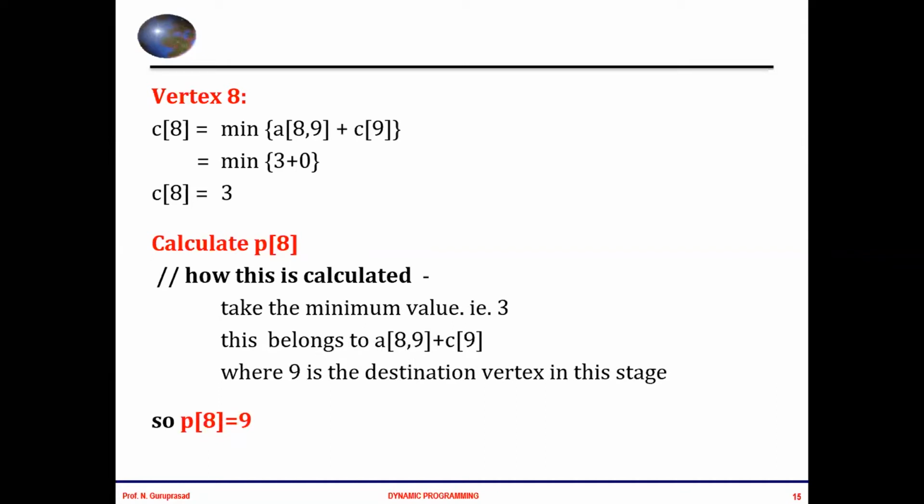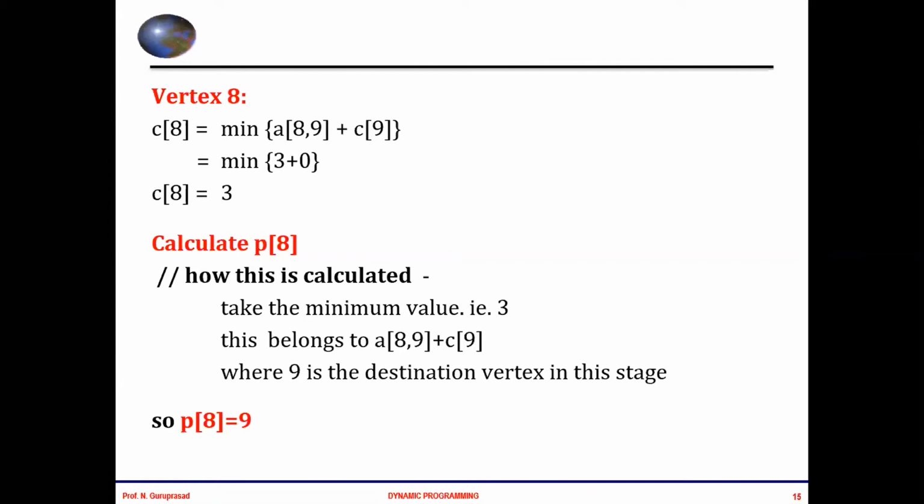A simple way to remember when you solve this problem in the exam: this minimum value 3 belongs to A of something plus C of something. I repeat, the minimum value 3 belongs to A of something plus C of something. Whatever the C of something is, that will be the value of P. So it is one easy shortcut way of remembering in the exam, so that you save time.